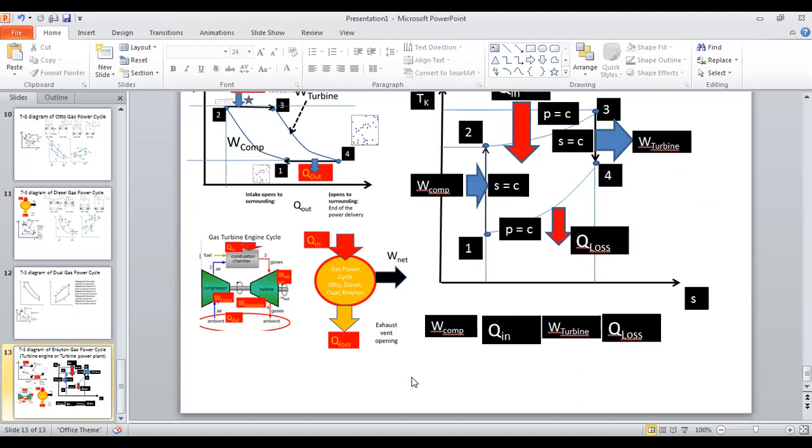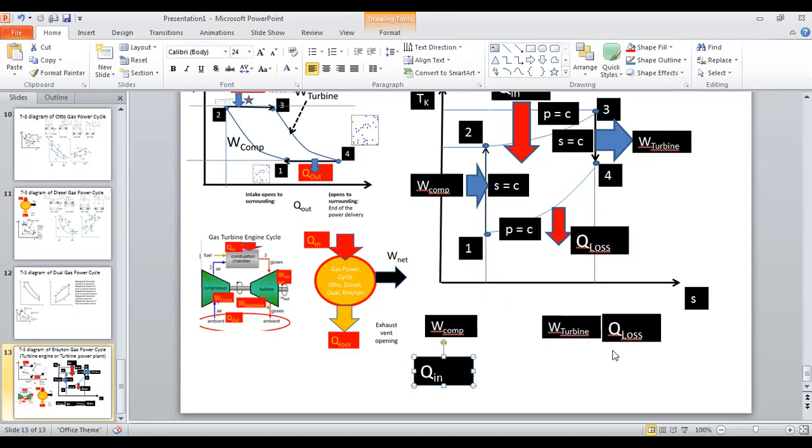Okay. So if you take the energy balance, it is something like your net energy in related to Q in and Q loss.